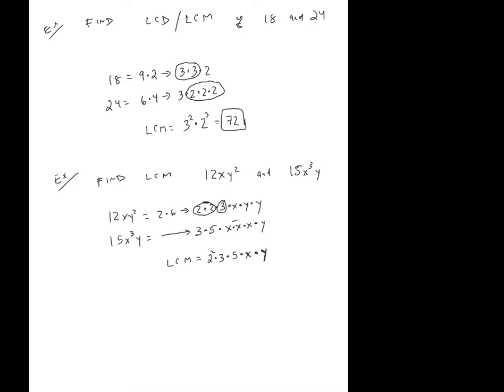X, the most times that we see it is in the bottom, 3 times, so x to the power of 3. Y, the greatest amount of times we see it is on the top, twice. It's y to the power of 2. Any questions so far, y'all?